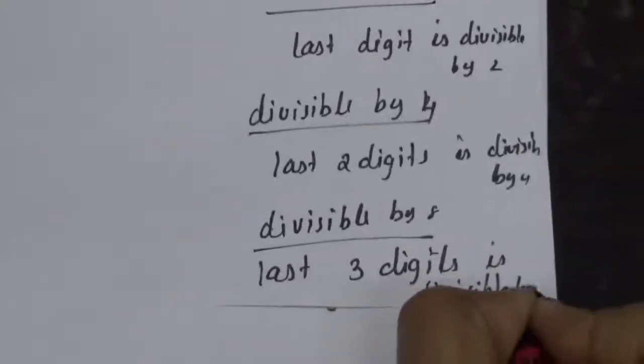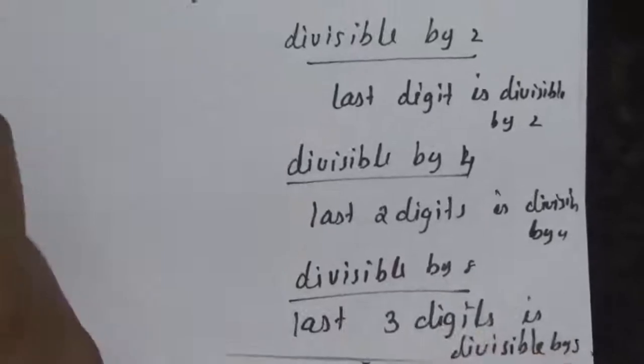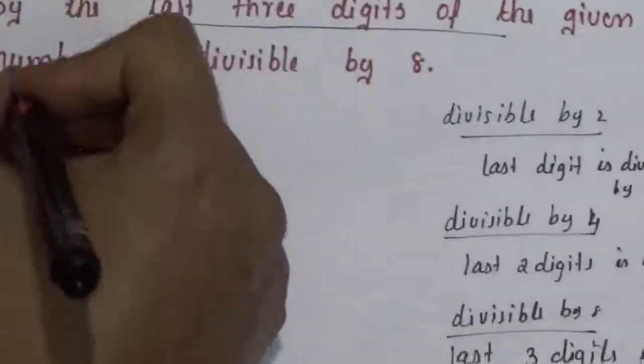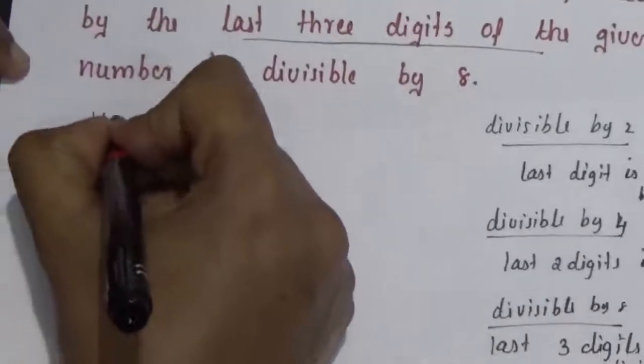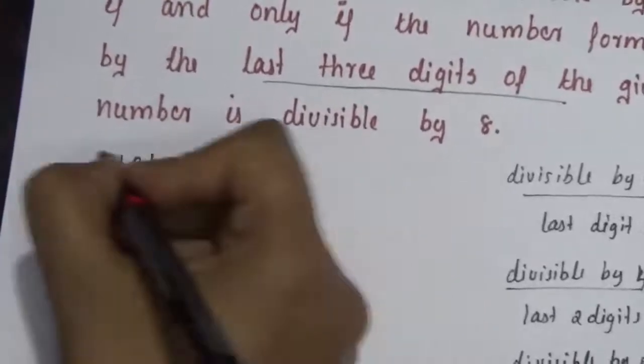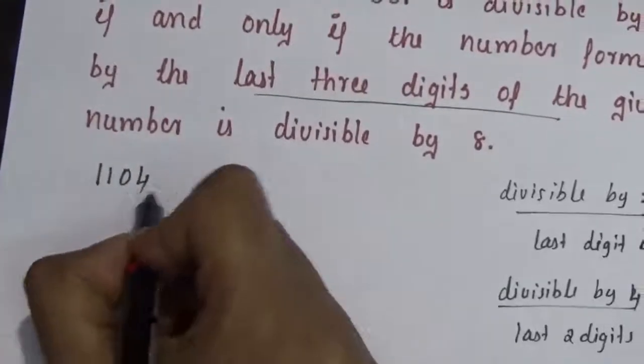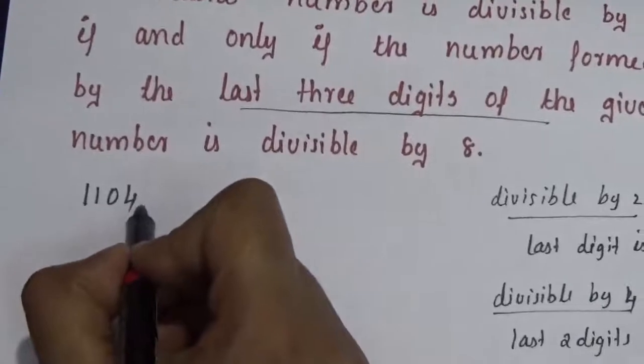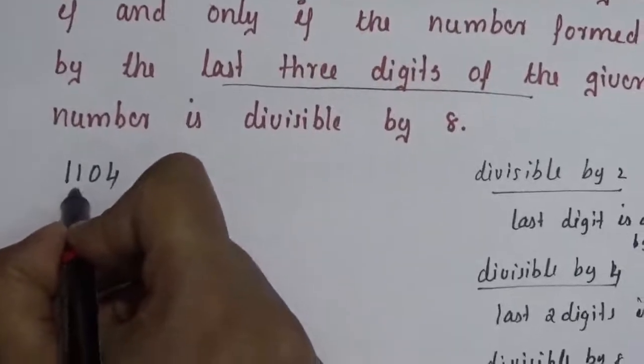Okay. Now let's check some examples. So let's consider 1104. To check whether this number is divisible by 8, take the last 3 digits of the number. So we get 104.